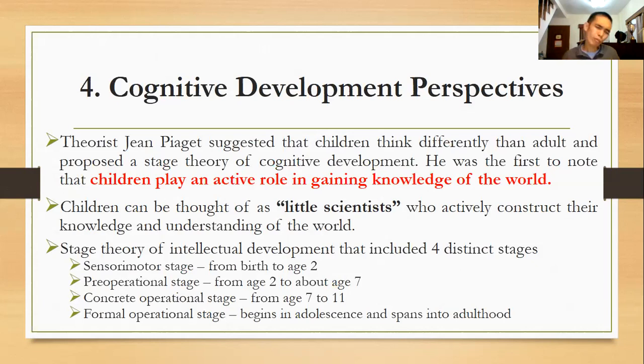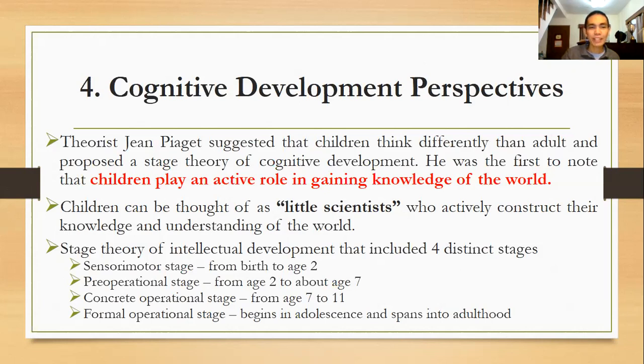Because they want to experience why my mother does not want me to do this. They play an active role in gaining knowledge, and from that experience they learn something. Because we talk about little scientists, they want to become more aware of why my mother does not want me to do this. So they are little scientists, okay?